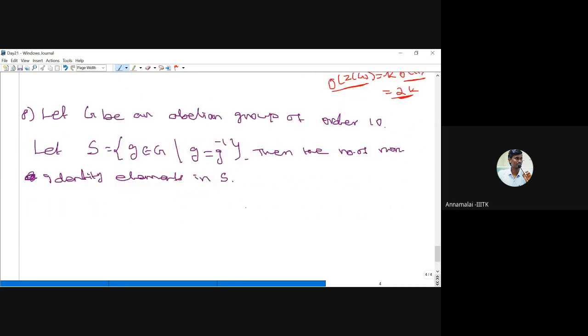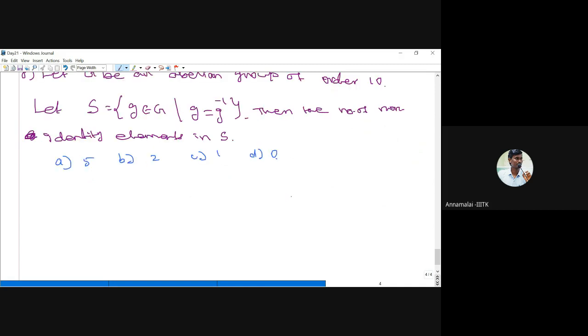So that means we are finding the number of elements whose order is 2. That is very important. The options are: first option 5, second option 2, third option 1, last option 0. Now, how to solve this one?